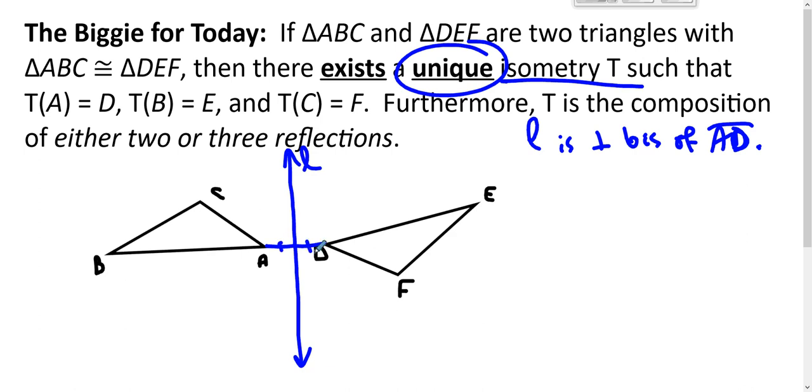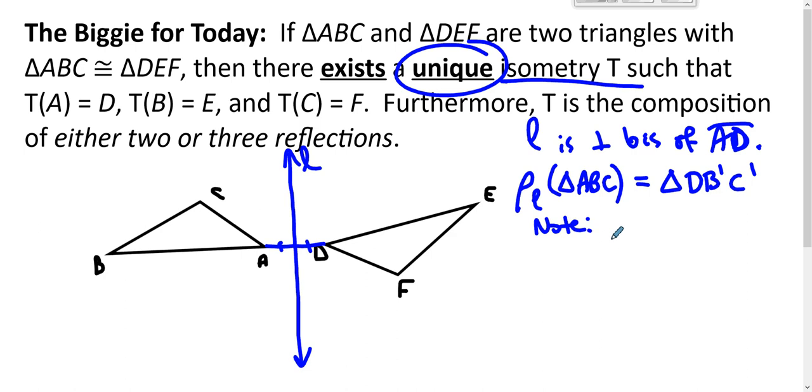It fits all the properties of reflection. So the reflection over line L of triangle ABC is triangle DB prime C prime, right? So we note that the reflection in line L of A is D.